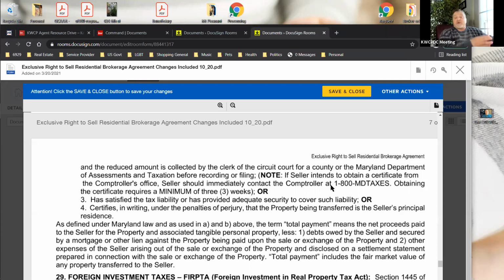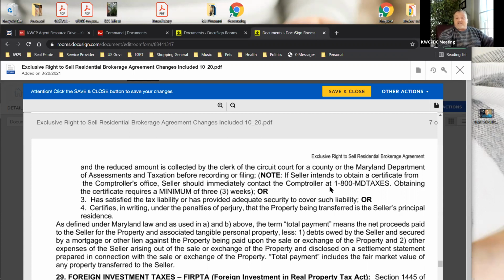But in order to get that certificate, they will have to make sure that whatever taxes are owed are paid in advance. It could very well be less than 8%.